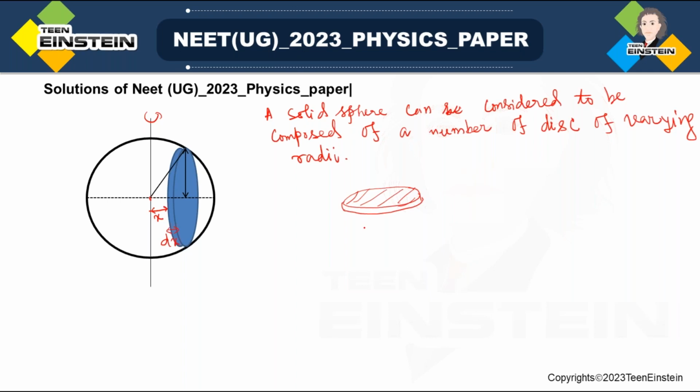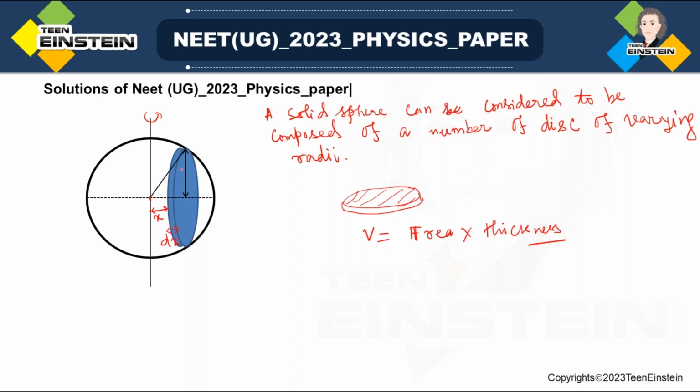If we want to find the volume of this disk, the volume will be area into thickness. This is how we can find the volume.